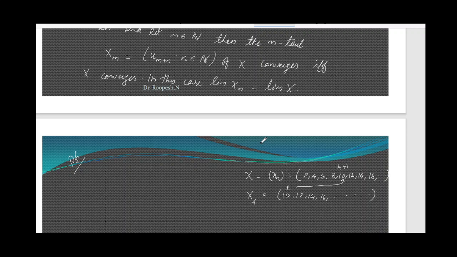Now, suppose I am taking x_100. Then what should be my first term? Definitely my first term should start with 202 itself, right? So in x_100, 202, 204, something like that may come, since I'm taking even numbers.